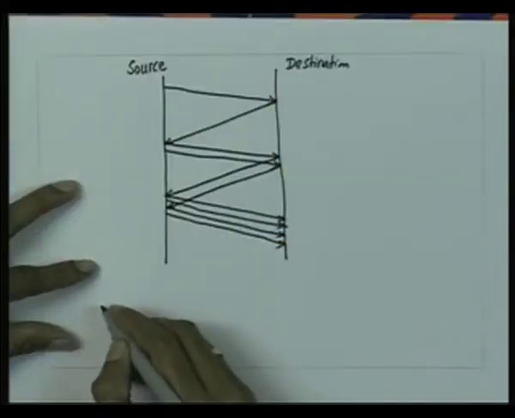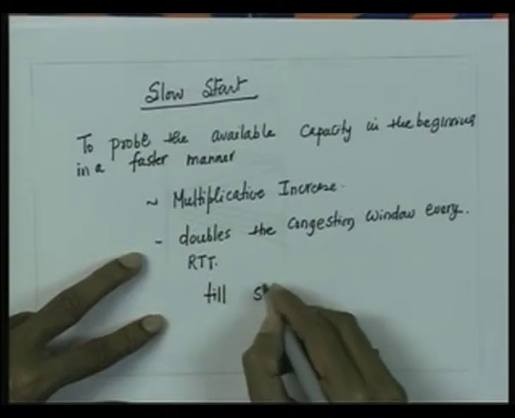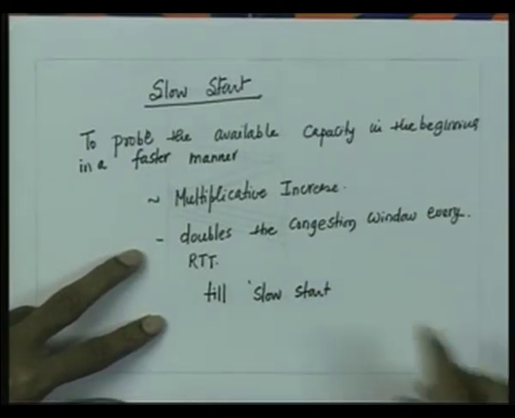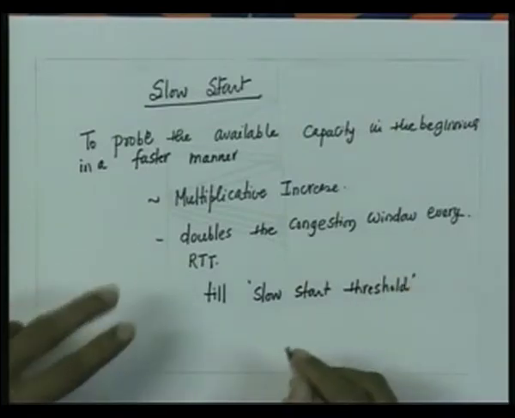The congestion window size doubles every RTT till you reach the slow start threshold, or a packet loss occurs. So it's like exponential growth, because you are following a multiplicative increase mechanism.